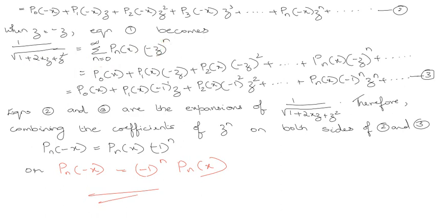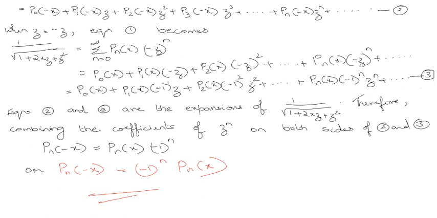Expanding, we can write P0(x) plus P1(x) into minus z plus P2(x) into (minus z) square plus etc. plus Pn(x) into (minus z) raised to n plus etc. Now here minus z can be written as (minus 1) raised to 1 into z, (minus z) square can be written as (minus 1) square into z square, and (minus z) raised to n can be written as (minus 1) raised to n into z raised to n.